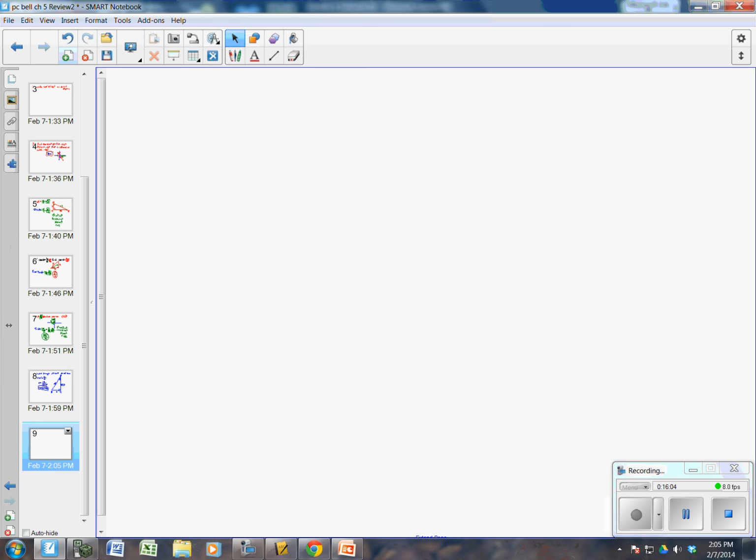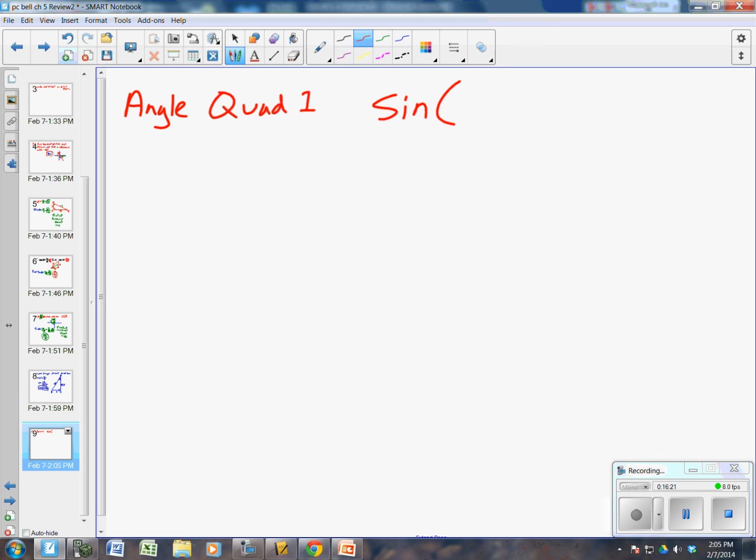Okay, I want you to evaluate this expression, not using your calculator, but making a triangle. This angle is in quadrant 1, okay? And you're given the sine of the arctangent of 2/5, like that.